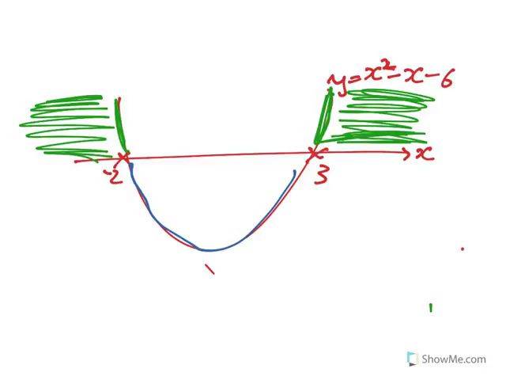I want the green portion or the blue portion? Green portion. How do you represent the green portion for x? X less than negative 2. Here, x more than 3. Very good.